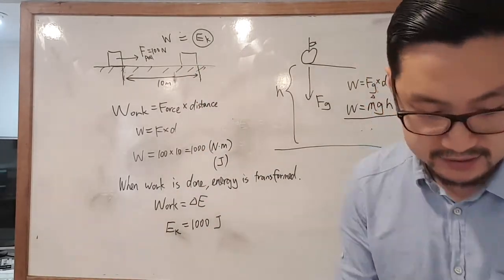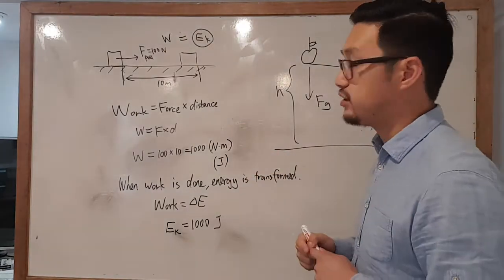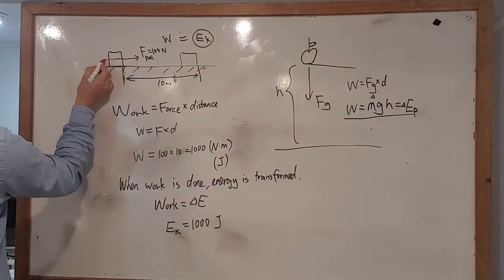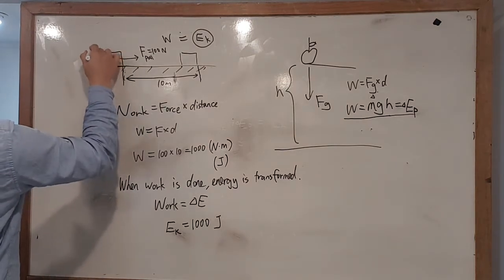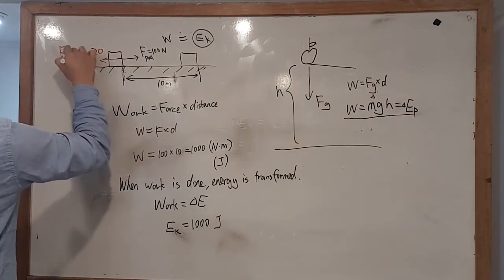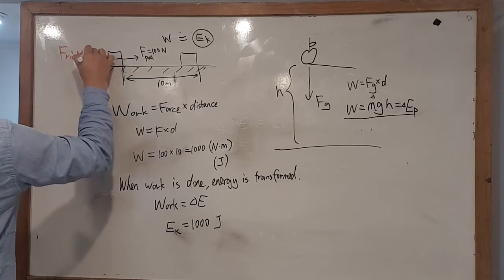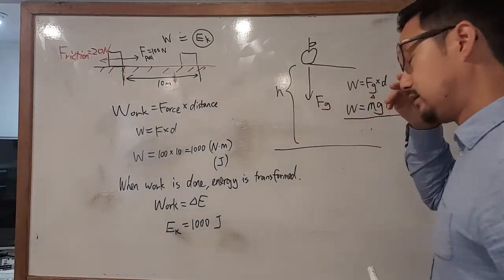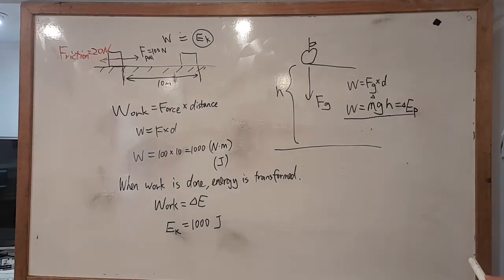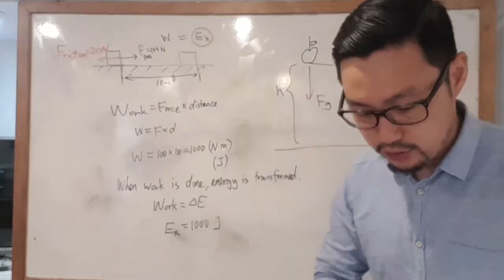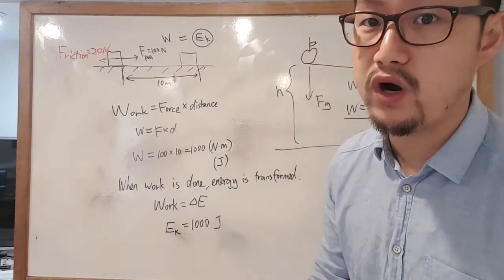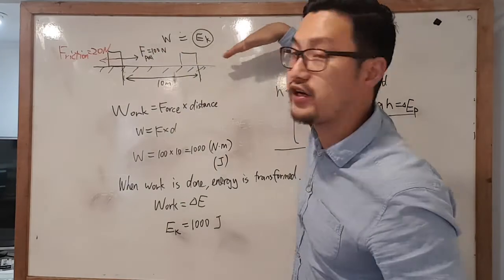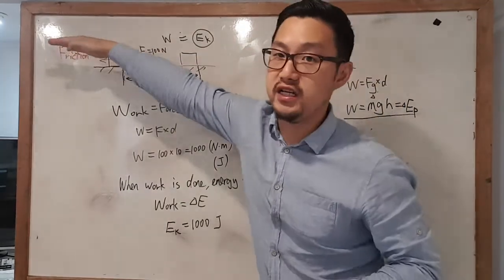All right, so let's say for the same question over here, we have some friction. How big is friction? I'm going to say it's 20 Newton. If friction is 20 Newton, we want to see how much work friction has done. The object has moved along the line of friction, even though it's in the opposite direction.